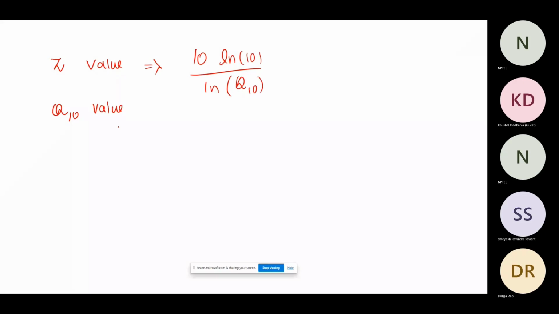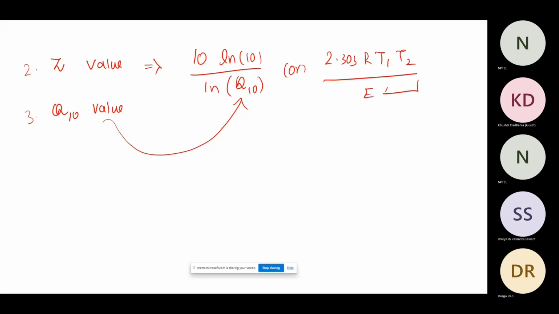If you know Q10, you can directly calculate, but since this is asked as the third question, you may not know Q10 yet. So for that, you can use 2.303 R T1 T2 upon E. E you have just obtained, T1 you know, T2 you know, R you know. From this, you can calculate Z.